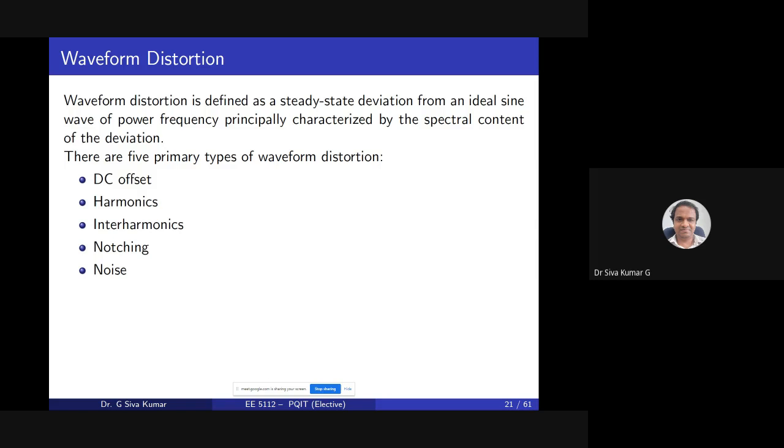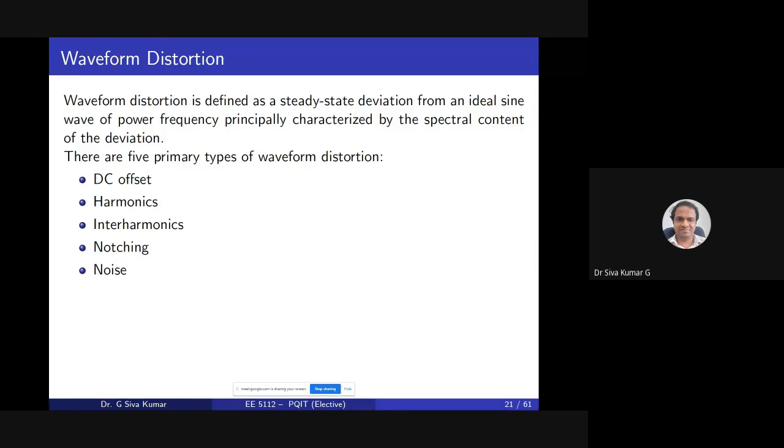It is an unwanted signal only. It is not related to the harmonics, or to the interharmonics, or to the notching, or to the DC offset. Those unwanted signals are considered to be noise that is going to die out if you have a proper grounding in a system. If you don't have a proper grounding, we'll be having waveform distortion also.